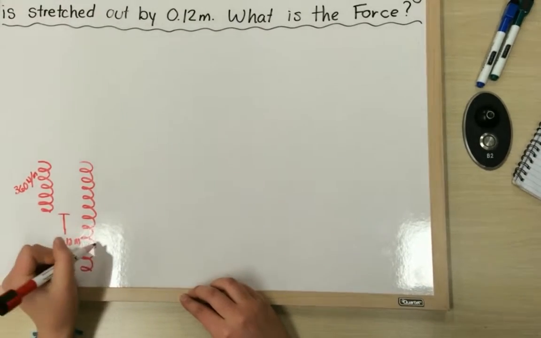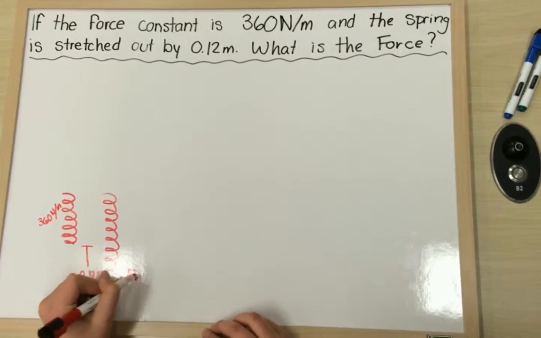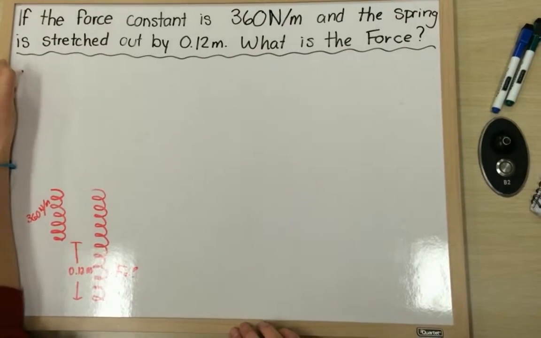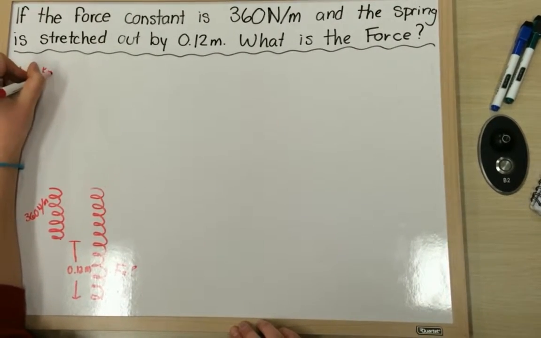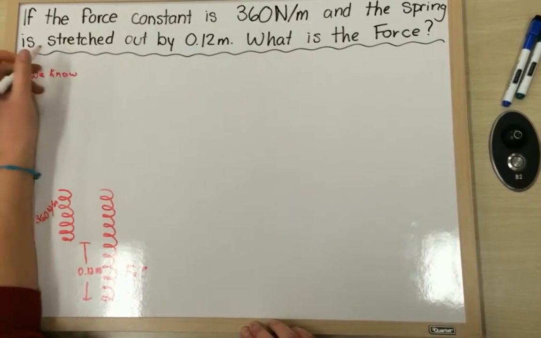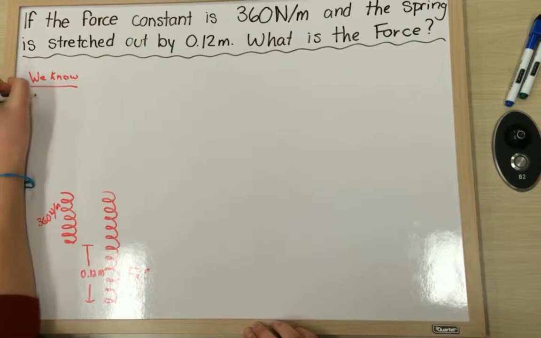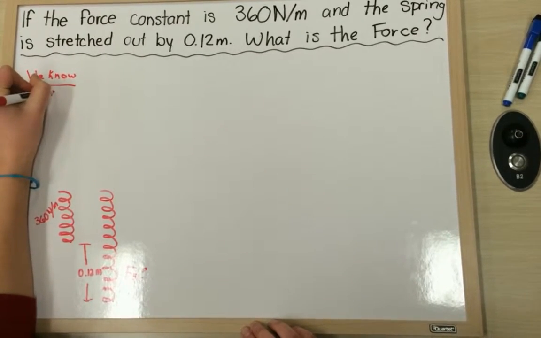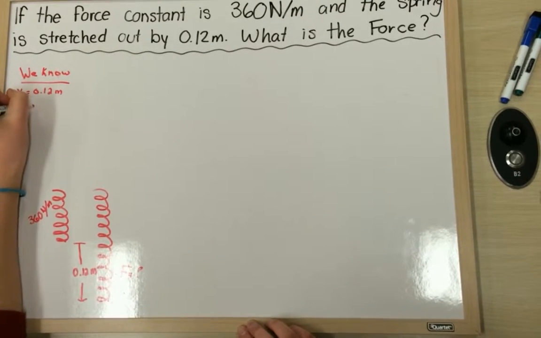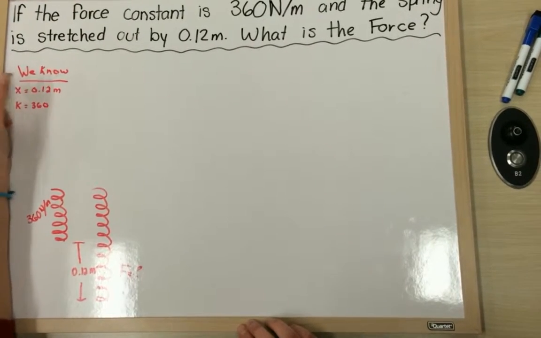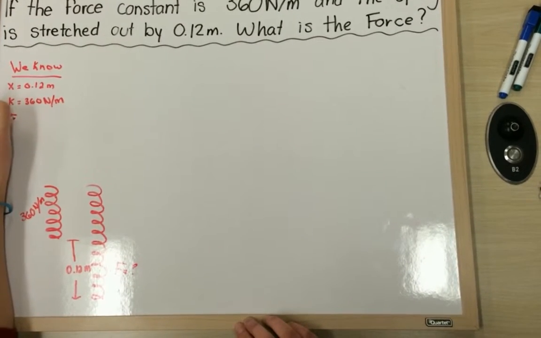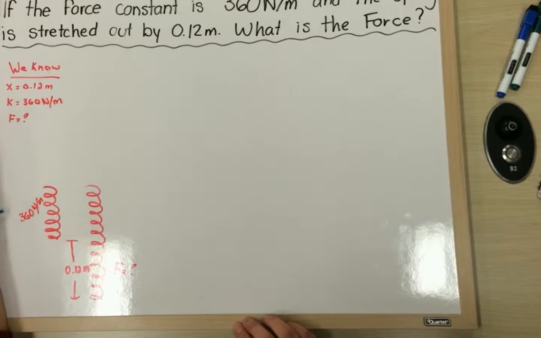Now it's asking what force, like how much force is used. So we know that x equals 0.12 meters, k is 360 newtons per meter, and we are trying to find the force.